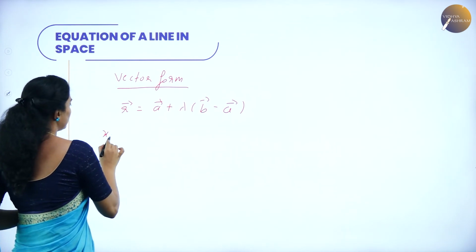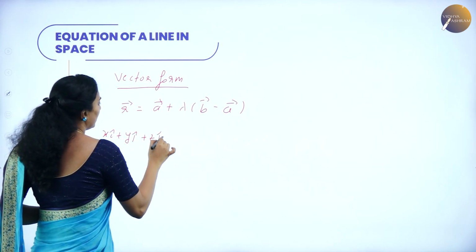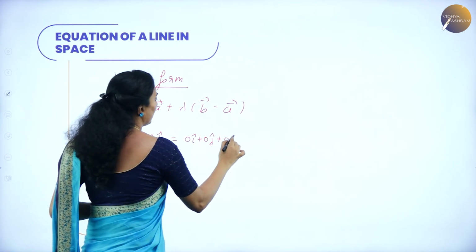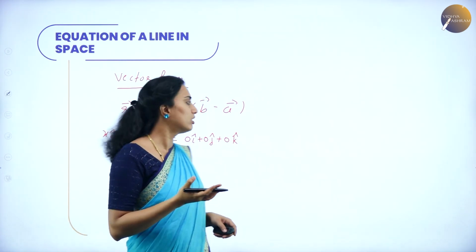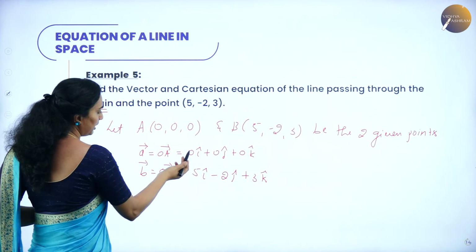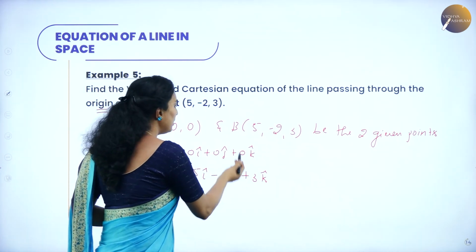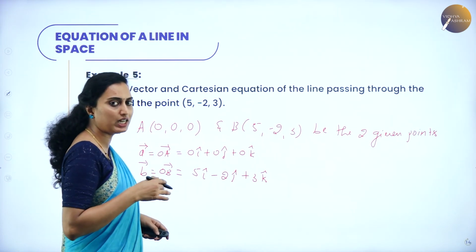Now, r vector is xi plus yj plus zk. The a vector is 0i plus 0j plus 0k. Now, if you subtract 0 from anything, it will be the same, isn't it? So, here 5 minus 0 is 5, minus 2 minus 0 is minus 2, 3 minus 0 is 3 only. So, the same thing remains for b vector minus a vector.